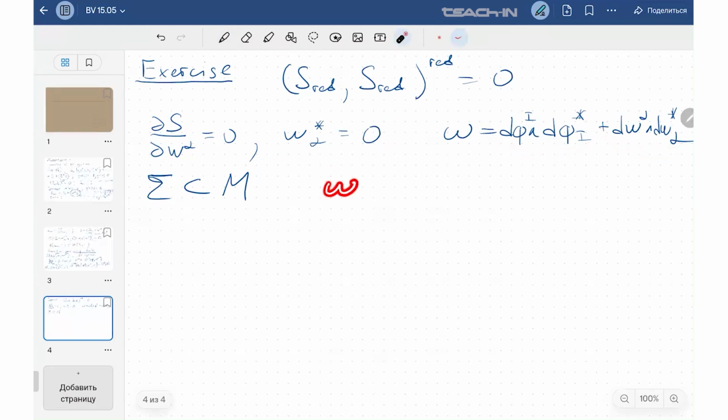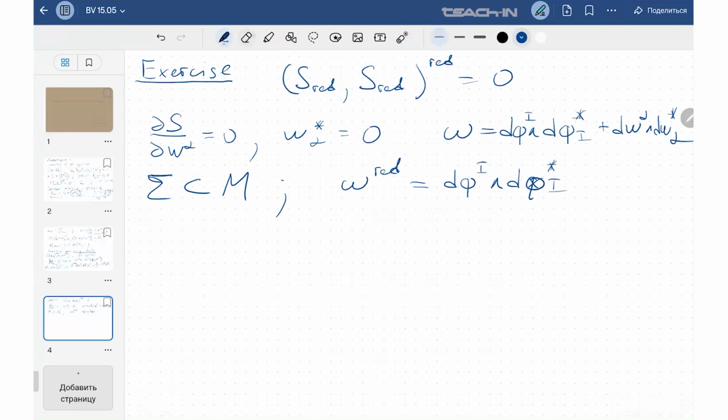So omega reduced is just d phi I, d phi star I, in these coordinates phi and phi star.